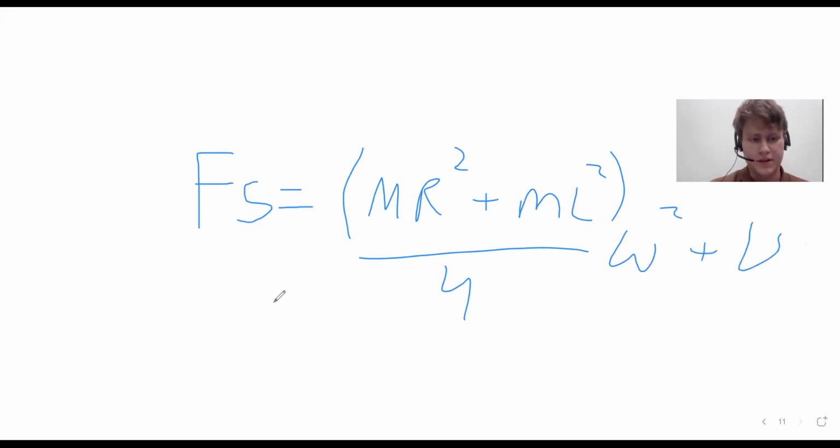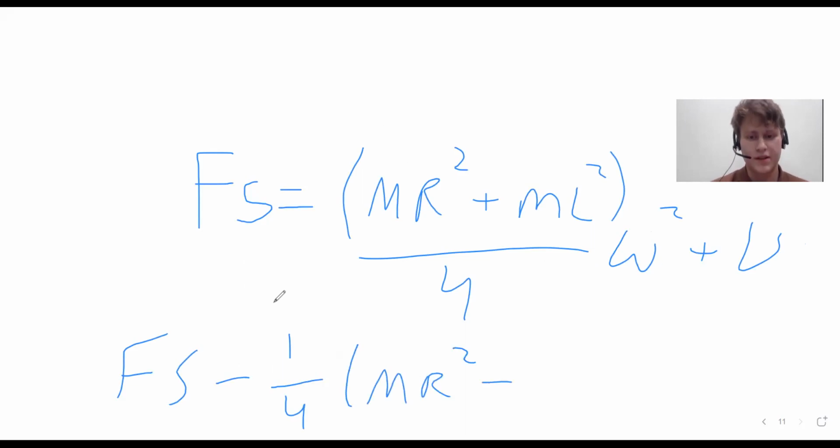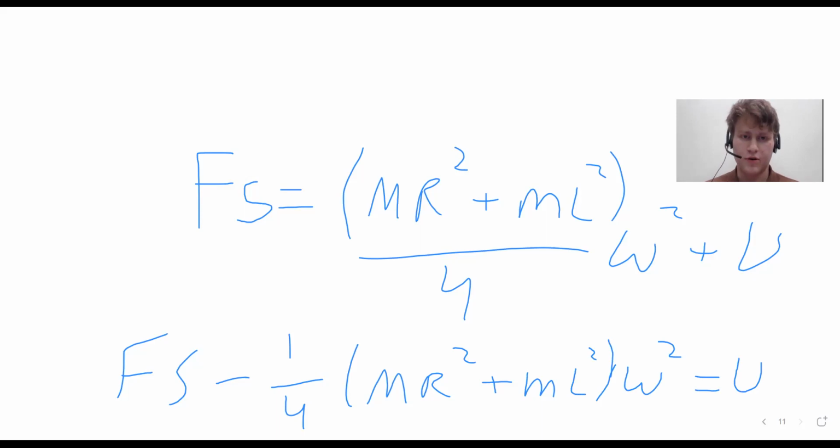And so then this means that Fs minus 1/4 mr squared plus ml squared omega squared equals our internal energy u. So now we have our final answer for part B.